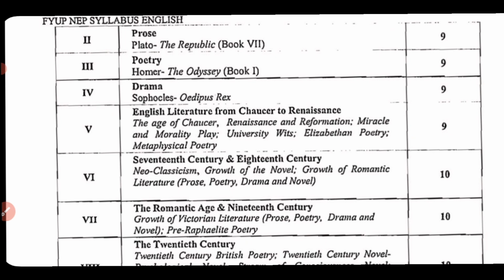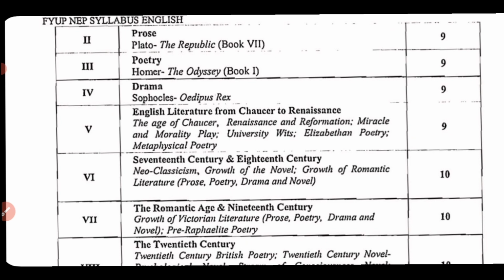Now we will move on to Unit 6. Unit 6 focuses on neoclassicism, growth of the novel and romantic literature, and you will understand why literature changed during the 17th and 18th centuries and how new literary forms emerged.